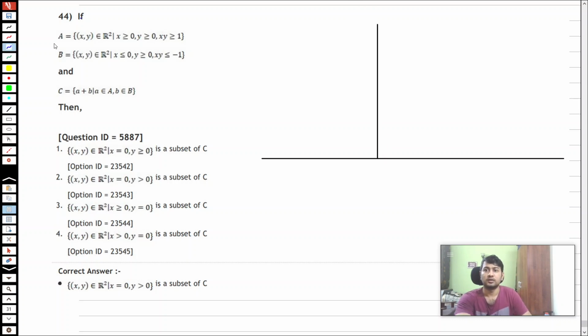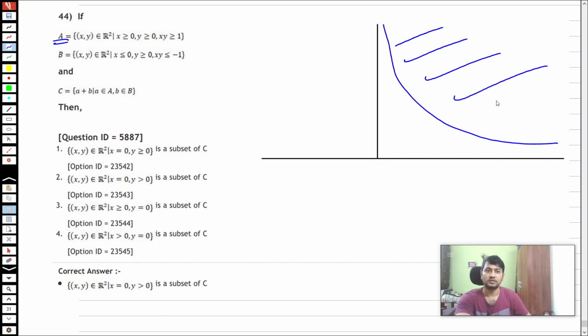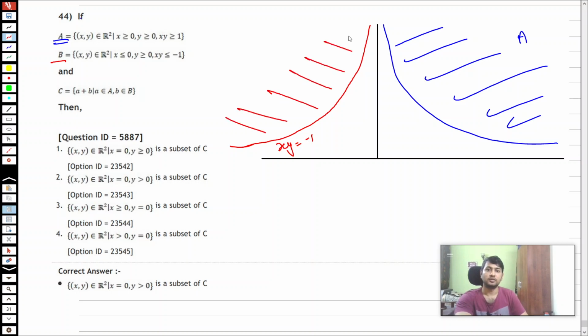Right, so the set A is going to be this one, everything above this is my set A, and the set B is positive y negative x such that x into y is less than or equal to minus 1. So if I have this curve xy equals minus 1, the set B is going to be here. Okay, so this is my curve xy equals 1.